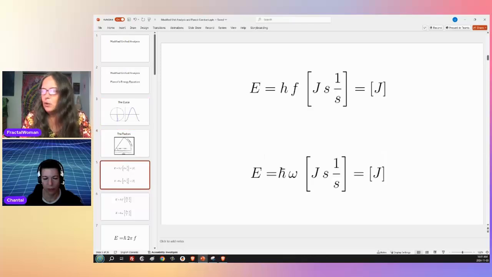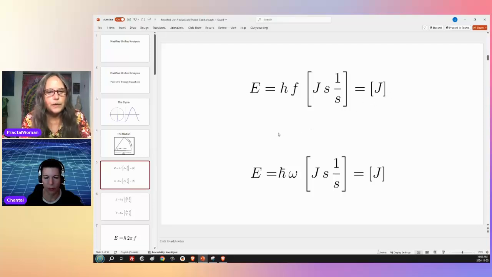What we're going to do is look at Planck's energy equation and its units. There are two ways of writing it. E equals hf, with units of joule times second times 1/second. You've seen that a million times, I'm sure. The final units have to be joule.